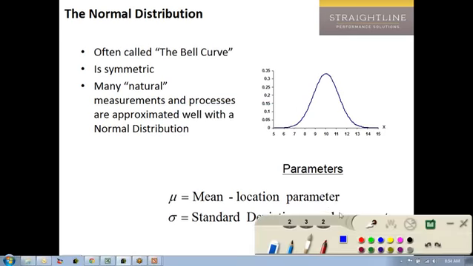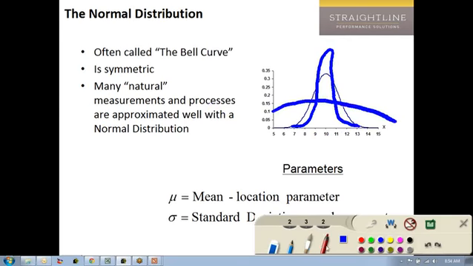For example, this normal distribution is different than this normal distribution, right? And they both are different from this normal distribution, okay? But all of those things are normal distributions, okay? Important thing to keep in mind.